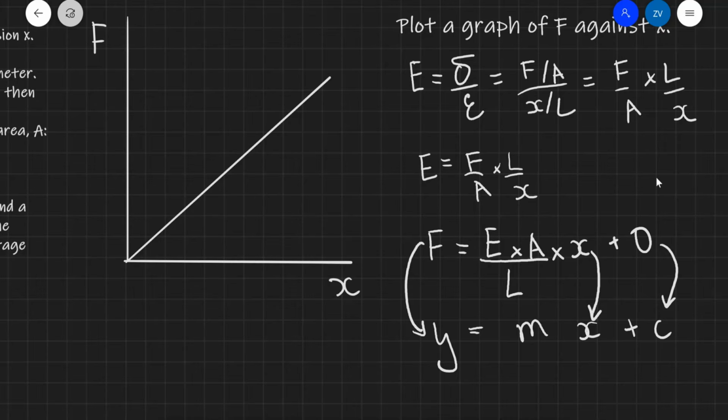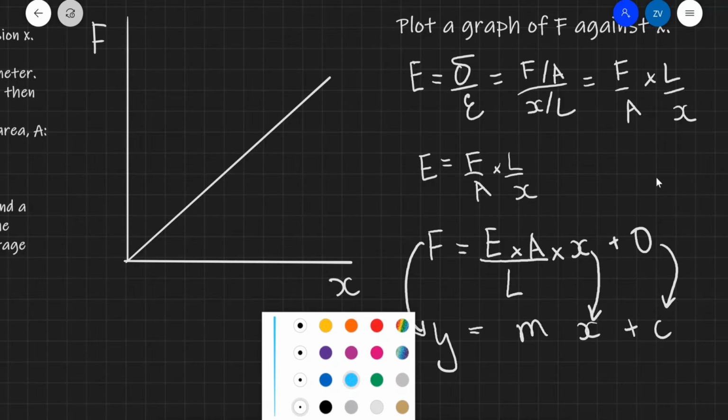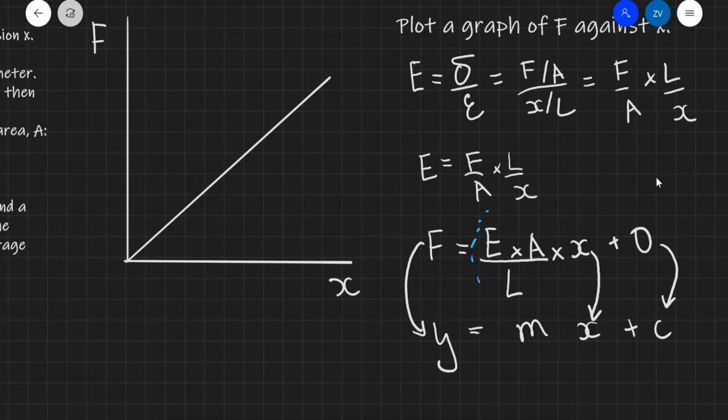So our gradient, we can use a different color for this, will actually be equal to this expression.